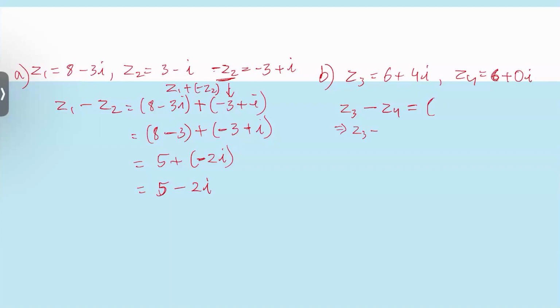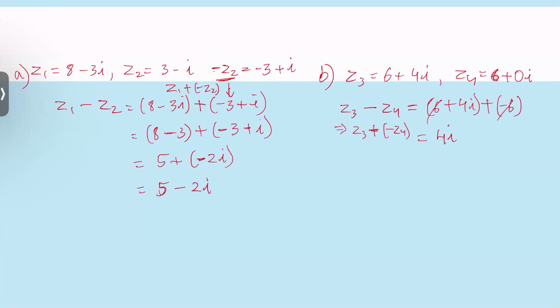So this is actually going to be Z3 plus the additive inverse of Z4. We have Z3 as 6 plus 4i, plus the additive inverse, so you change the signs and get minus 6. Here the minus 6 and 6 cancel, so what you're left with is 4i.